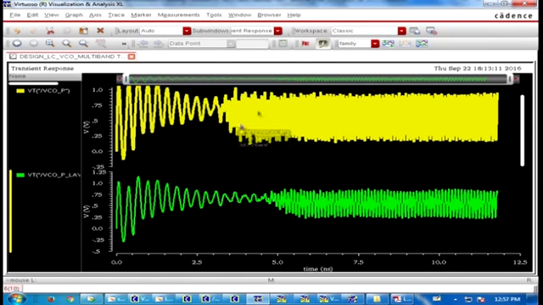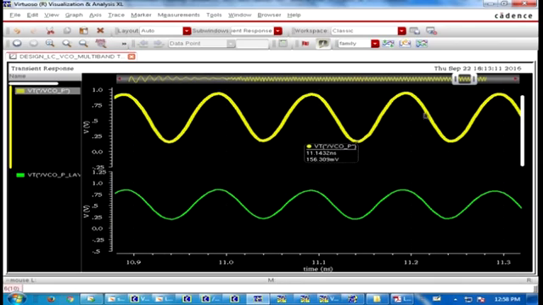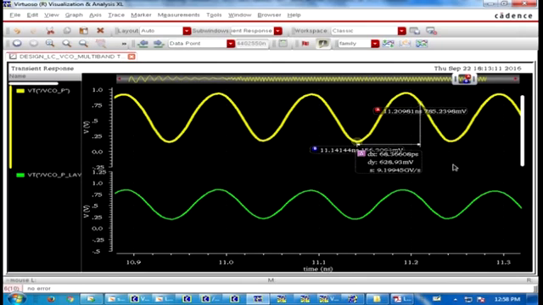See here the schematic and this is the post layout. The schematic started earlier; in the post layout it's somewhat delayed. Now we will see the swing of both curves. This swing is for the schematic: it is 628.9 millivolts.